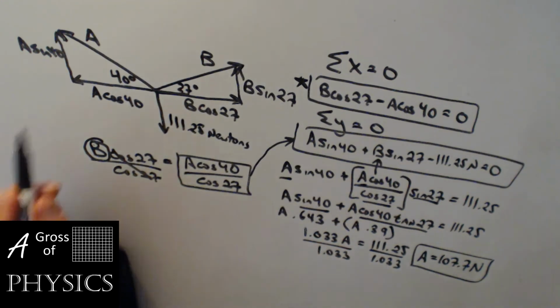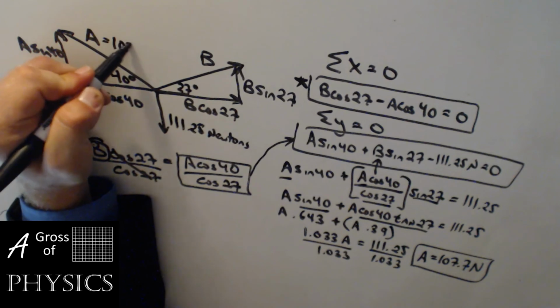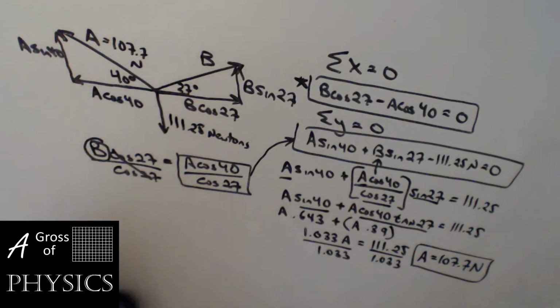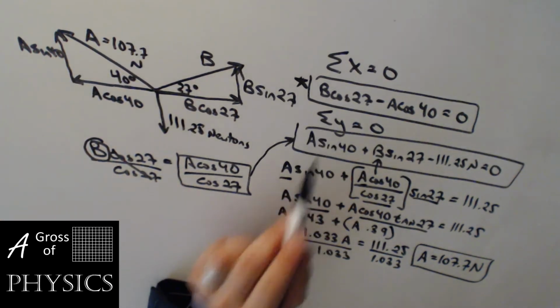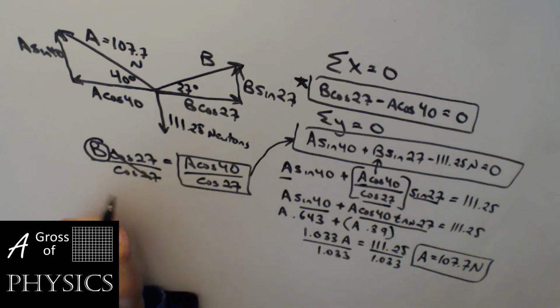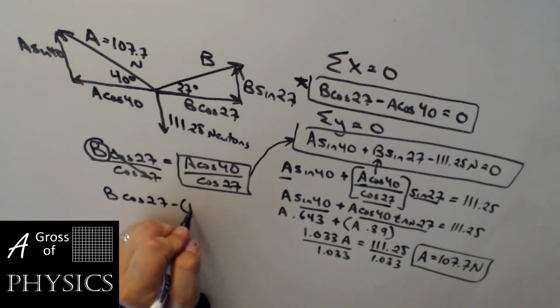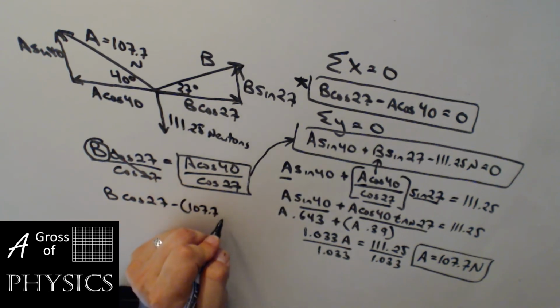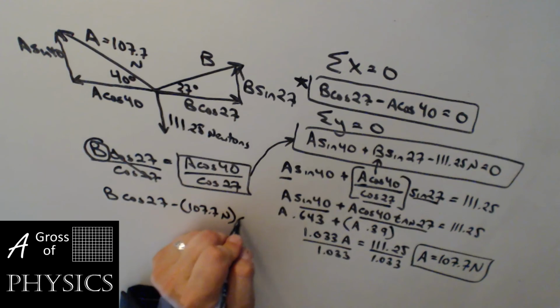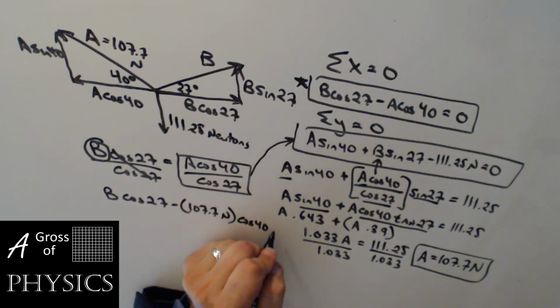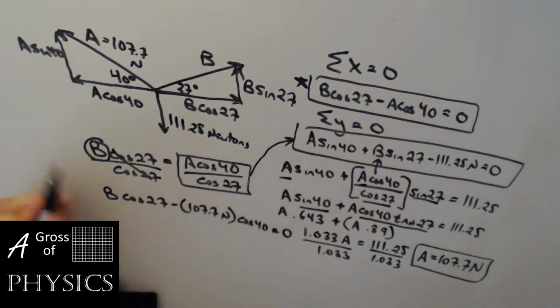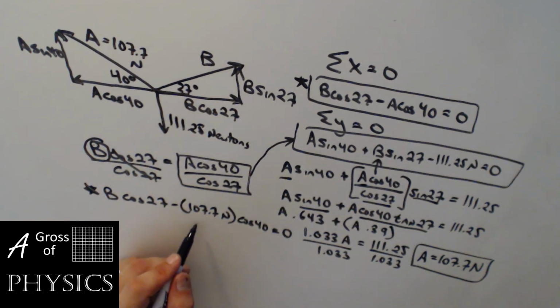Now, of course, we have two vectors. So A up here is 107.7. In order to get B, I need to substitute it back into the first equation. So B cos 27 minus 107.7 newtons cos 40 equals 0. So that's back into my start equation. Now, I'm going to take the 107.7, which is still in my calculator, times cos 40.